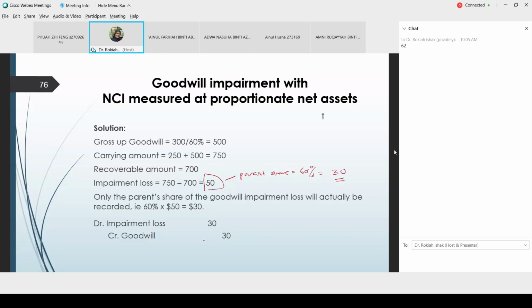If that one is based on the proportionate, the journal entries here is debit the impairment loss, credit goodwill. If that one is based on the fair value, we're going to have extra journal entries here for the NCI. Okay, any question for impairments of goodwill? So please understand this one, because most of the time we're going to have the questions related with the impairments of goodwill.